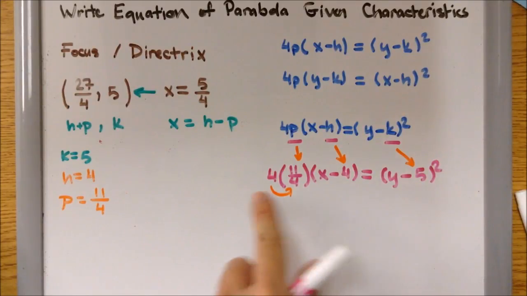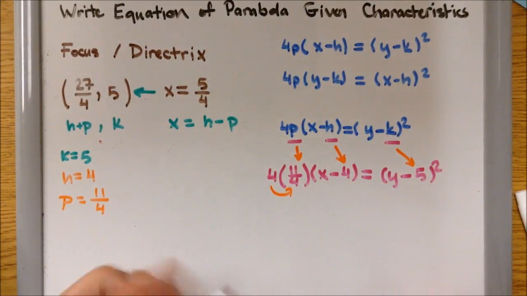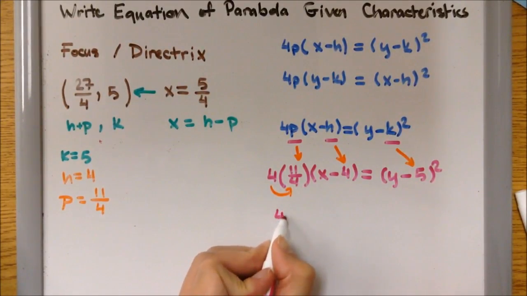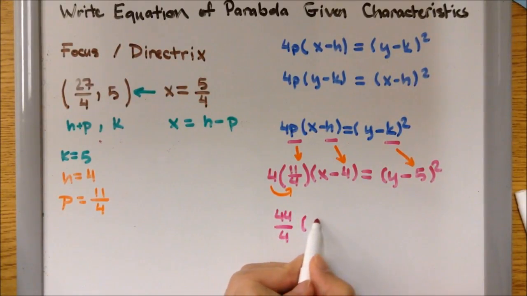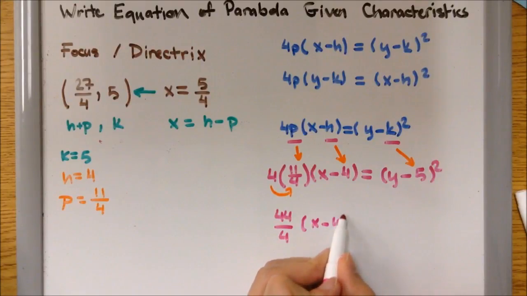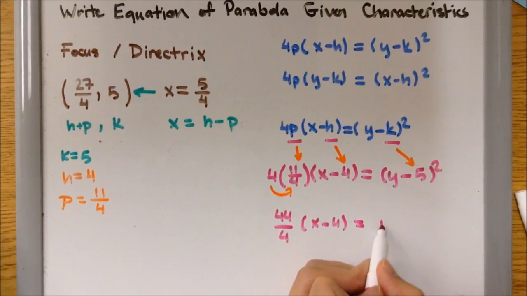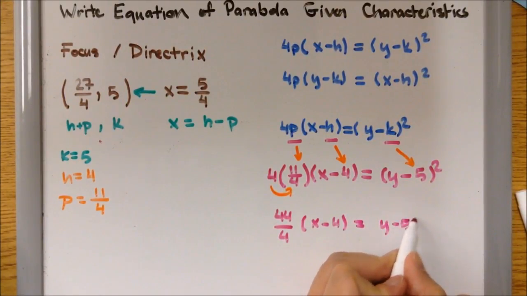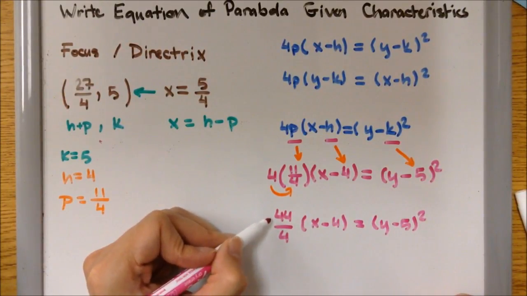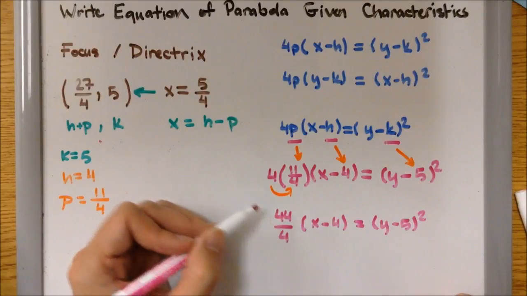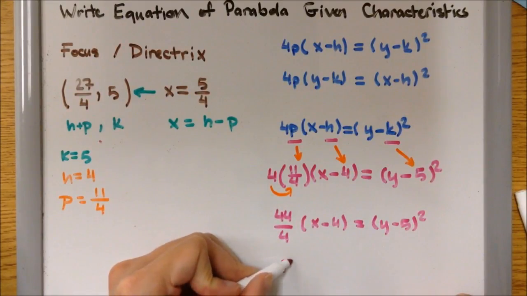So 4 times 11 over 4, that's going to be 44 over 4. Everything will stay the same, so x minus 4 in parentheses. And then y minus 5 in parentheses with the square. Now the only thing I have left to simplify is the 44 over 4, which will divide into 11.